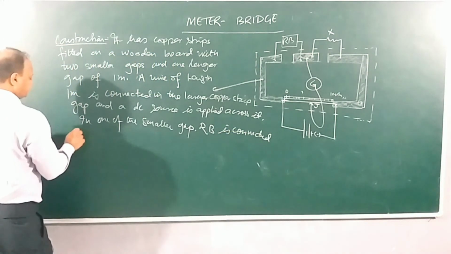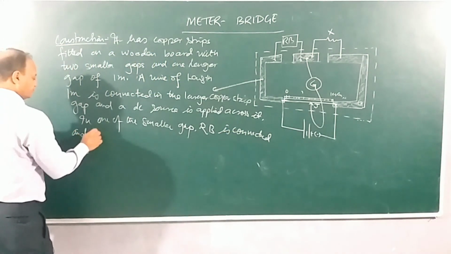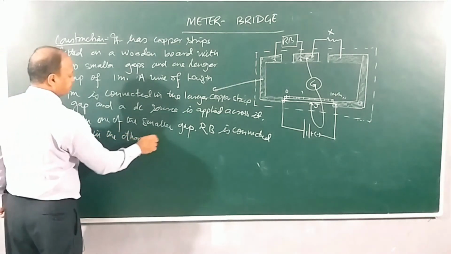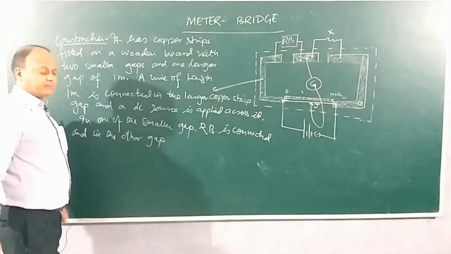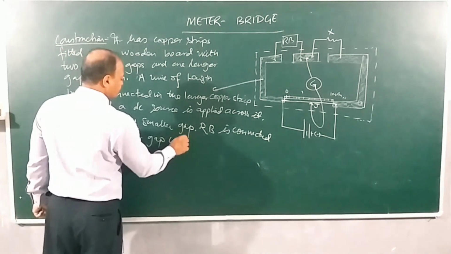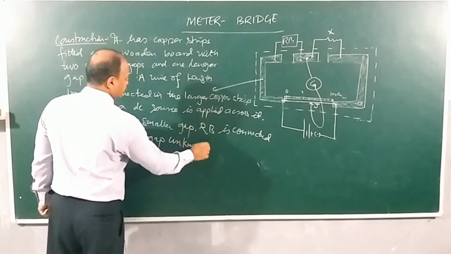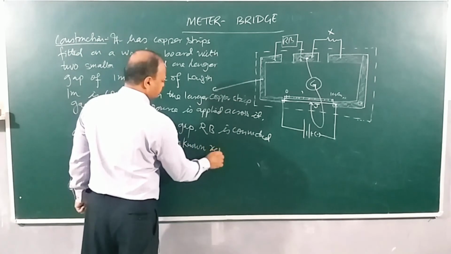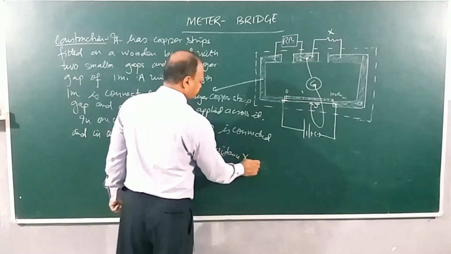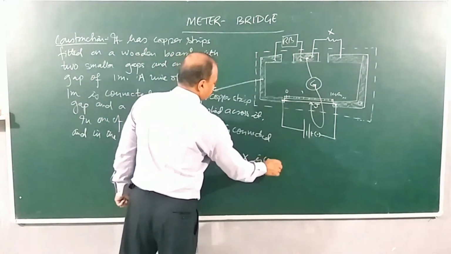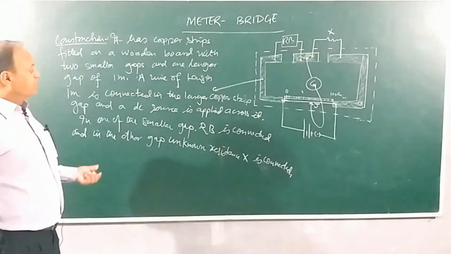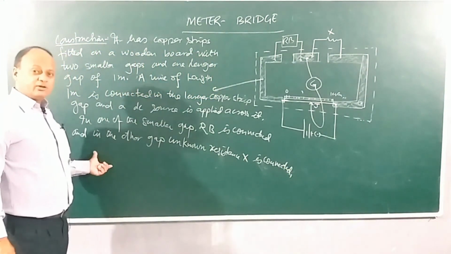And in the other gap, unknown resistance X is connected. So children, this is the construction of meter bridge. You can take a screenshot, you can write it down. I'll be erasing it.